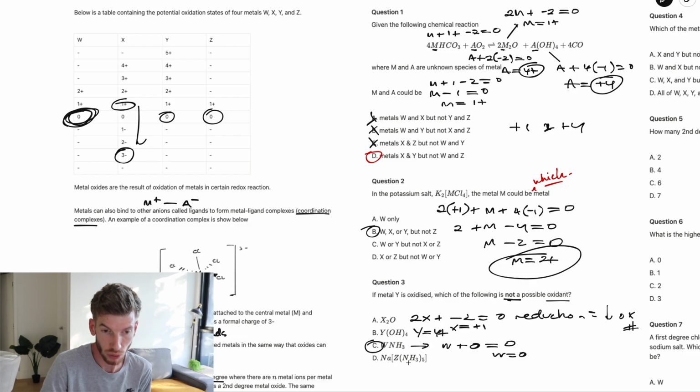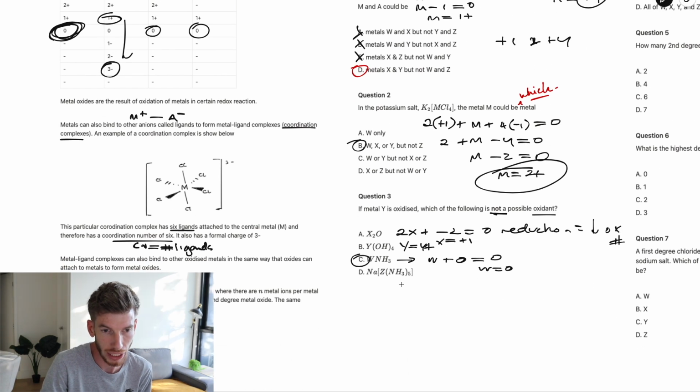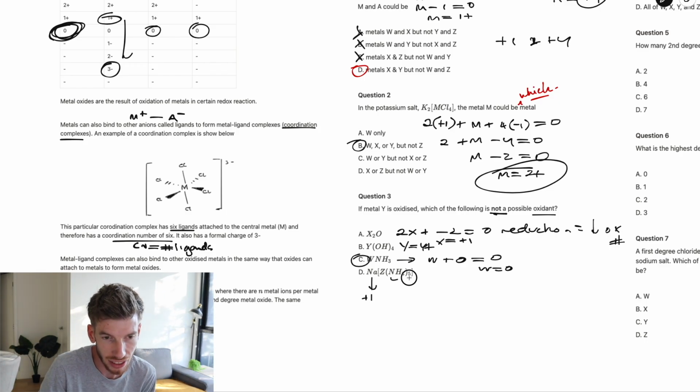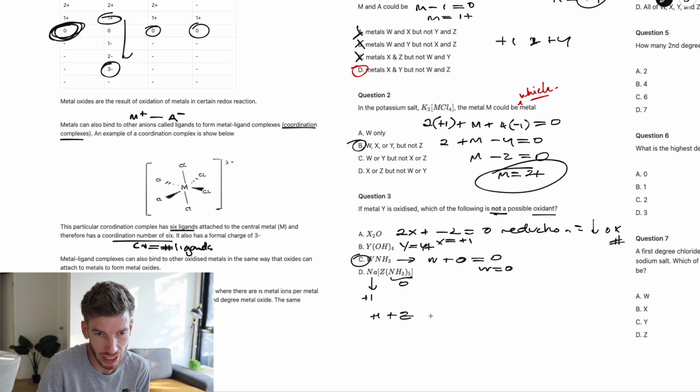In this one here, we've got one of those metal ligand complexes. And we can see that sodium, if we're looking for Z, we can assume that sodium is in its standard 1+ state. This is in the 0 state, and there's 5 of them, so they contribute nothing. So you end up with +1 plus whatever Z is in, and then NH3, so +5 lots of 0 adds up to nothing.